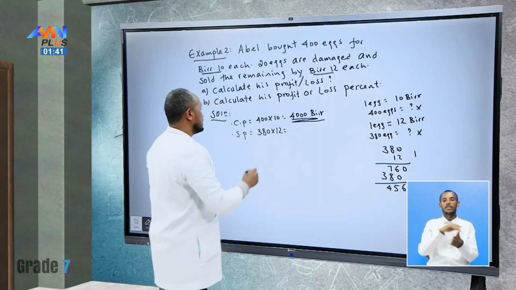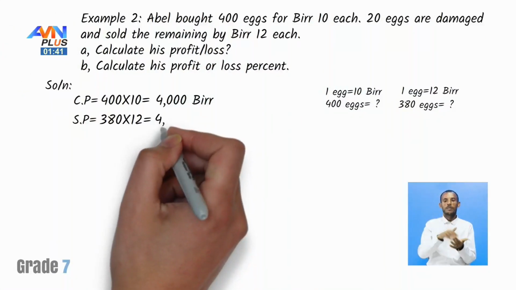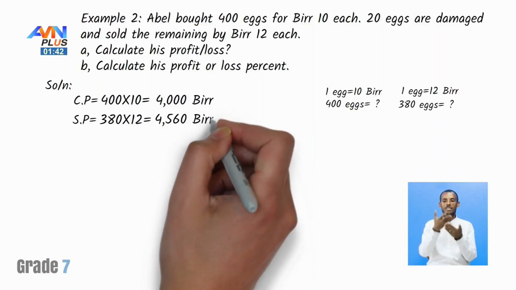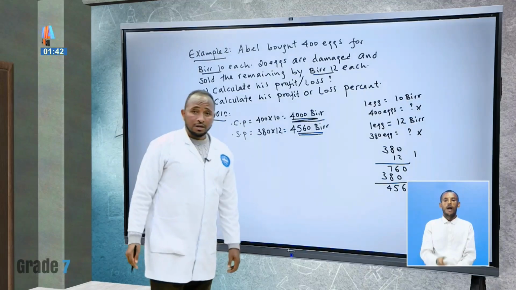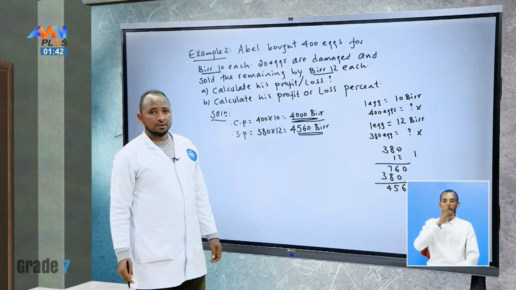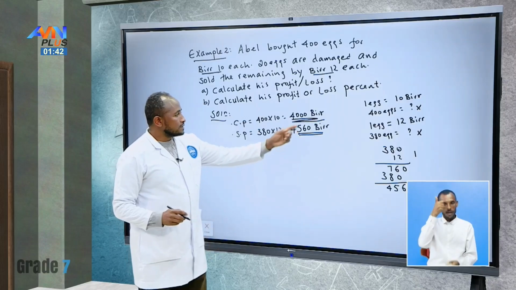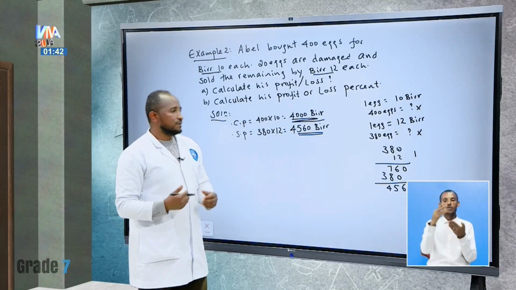Therefore, the selling price is 4,560 birr. This is the selling price. Now, does Abel have a loss or a profit? Good. Abel has a profit, as you can see here. He sold for more than the cost. Therefore, he has a profit.